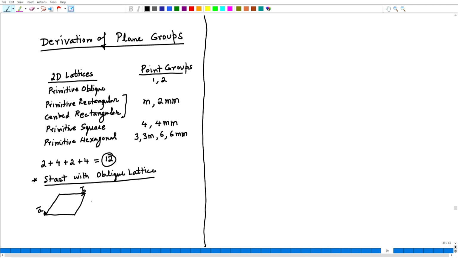So, if I add the point group 1, basically there is no symmetry to be shown in the cell, and this is what the plane group would look like. If I put an asymmetric motif here, the translations A and B will take the motif to other 3 locations. So, this only has translation symmetry.